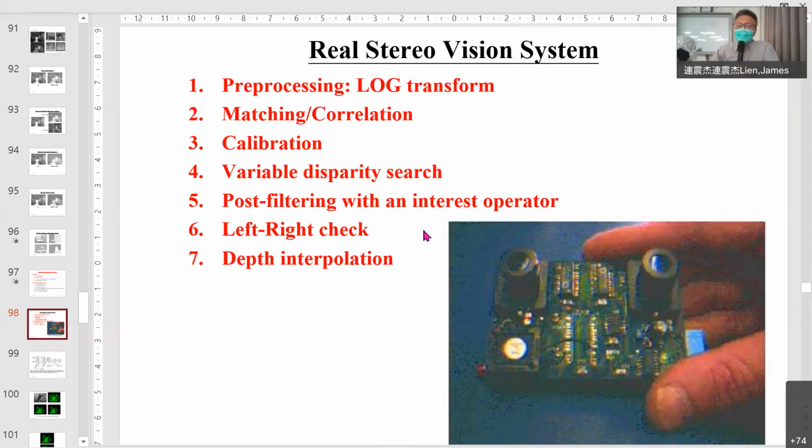What is the meaning of the left-right check? From the left image you check the right image and find a corresponding point on the right-hand side.